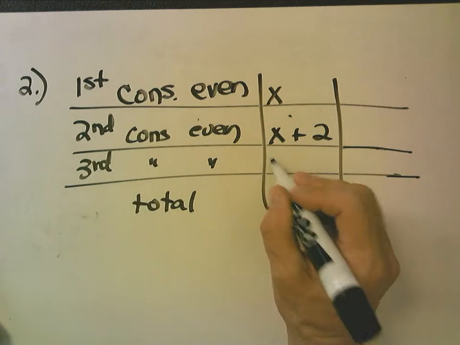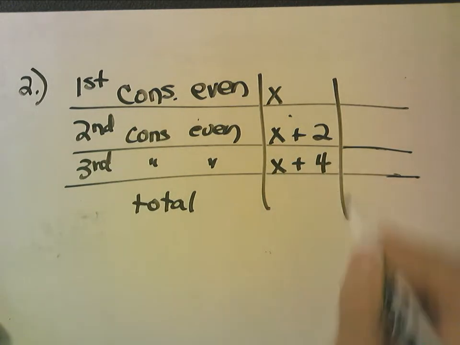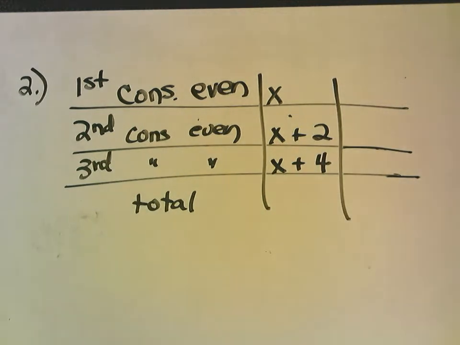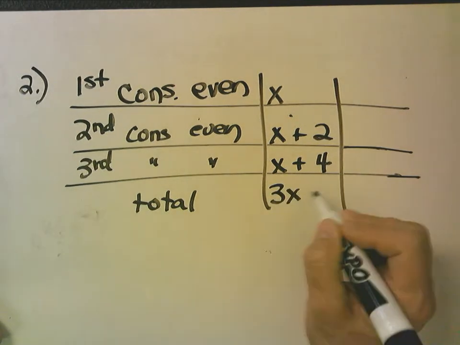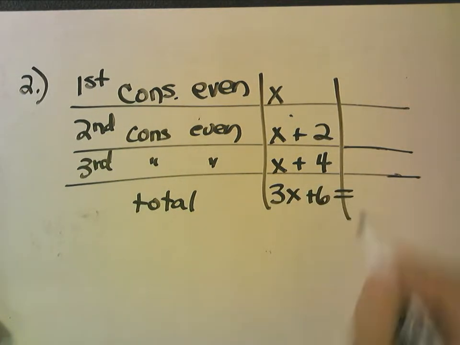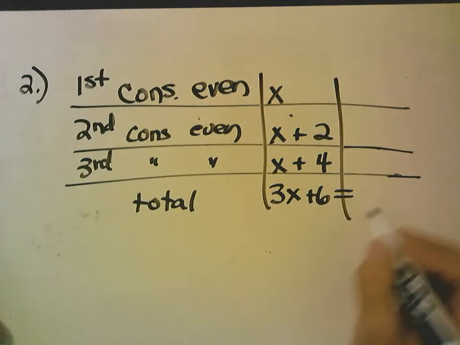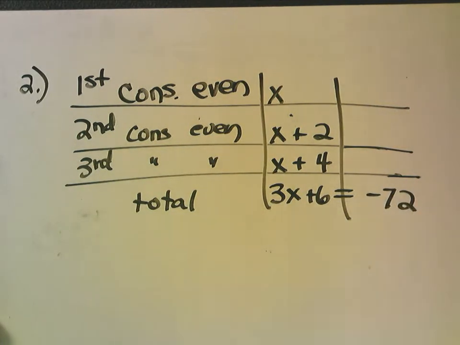And my third consecutive even integer would be x plus 4. So then I get 3x plus 6, and it's going to equal a total of negative 72. So I've defined all of my unknowns, and I've come up with an equation.